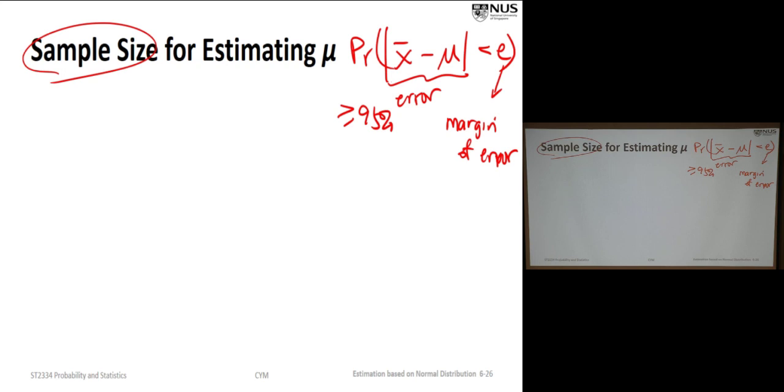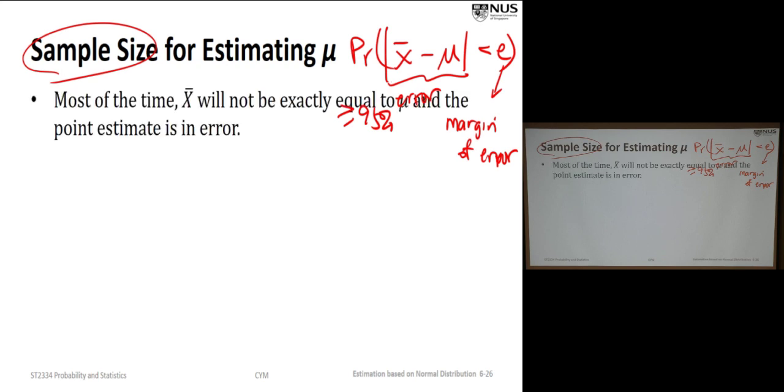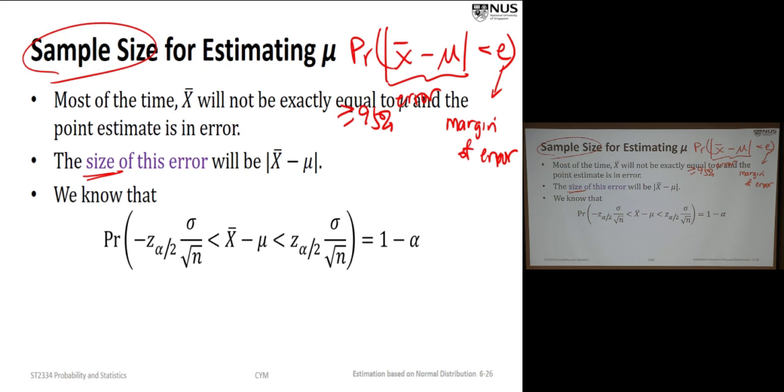I need to specify that probability. With these two, I can answer the question, how big a sample size I need. This is the size of the error, which I forgot to mention: the absolute difference between x bar and mu.